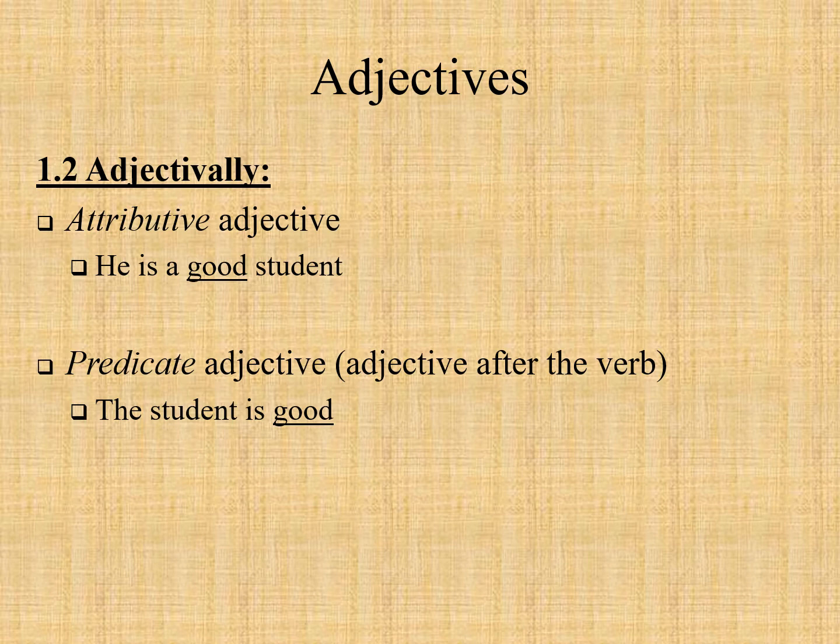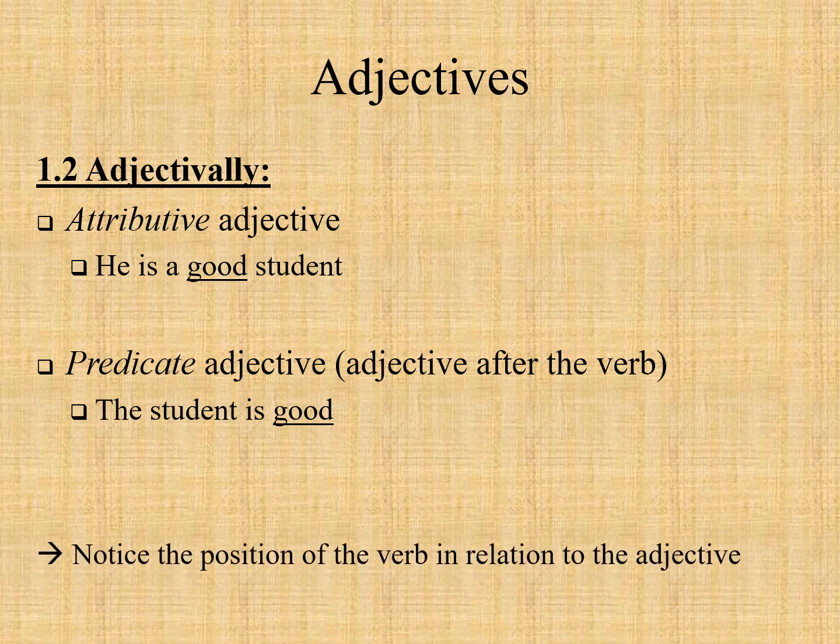Now you can see that there's a verb to be between the noun student and the adjective good. So it is a predicate adjective. The adjective good predicates something of the noun student. The important thing is to notice the position of the verb in relation to the adjective. In attributive position, it comes prior to the noun, and in the predicate position, it is after.